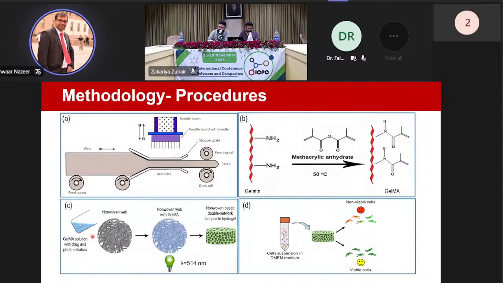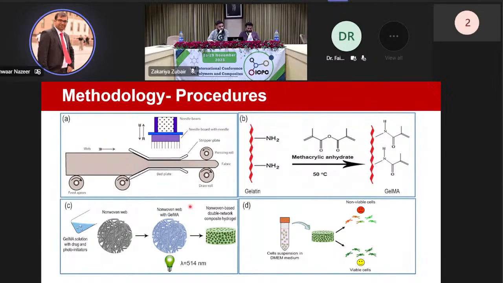We added them in the solution, and then we just poured the solution on top of this non-woven web. We exposed this non-woven web to visible light of wavelength 514 nanometers. And we converted the gelatin to a cross-linked structure. So at the end of the day, we have the double network composite hydrogel having the polyester fibers and gelatin as a hydrogel.